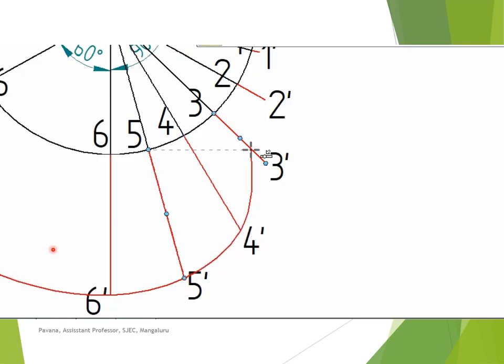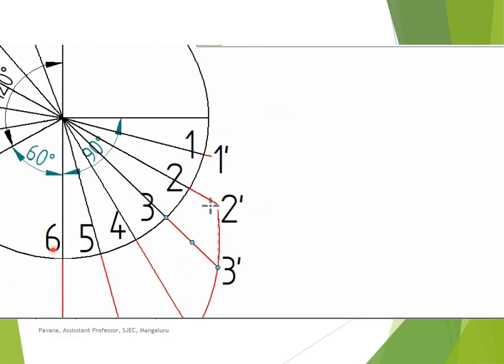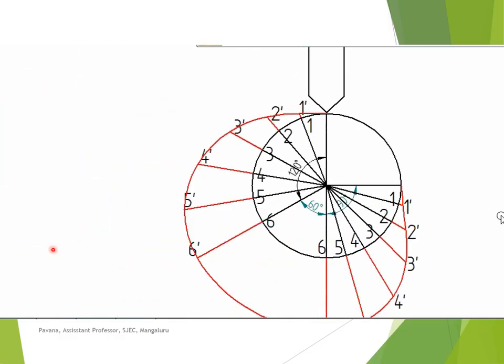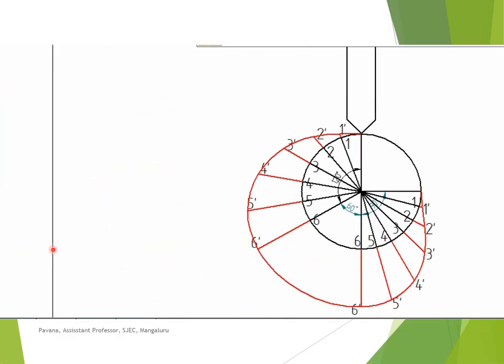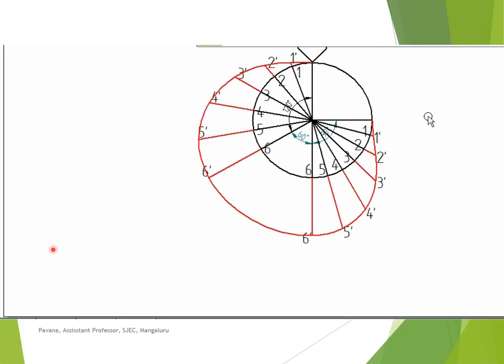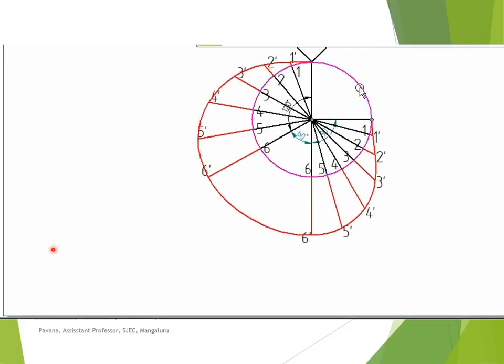You go on joining all those points. 3, 2, 1 dash, and last to 0. Okay, so this completes the profile. This is how the cam profile looks for a knife edge follower with the radial type of follower.